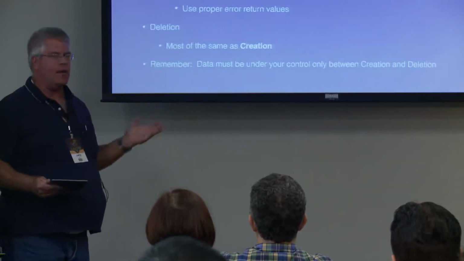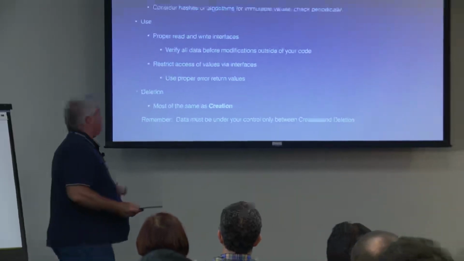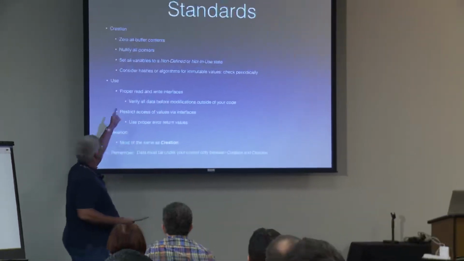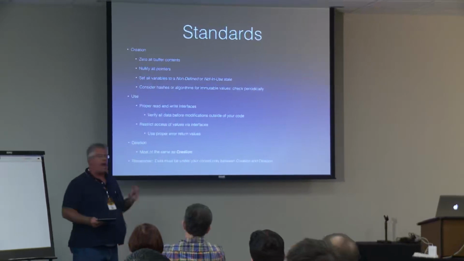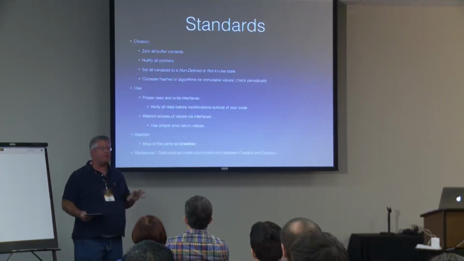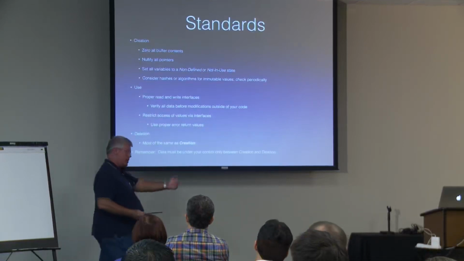They create something and they don't bother to initialize it, or they don't bother to set default values. And then, like right up here on the third bullet point, setting all variables to a non-defined or not-in-use state. I come across this a lot. They define something and they forget to initialize it appropriately, both in creating and removing.